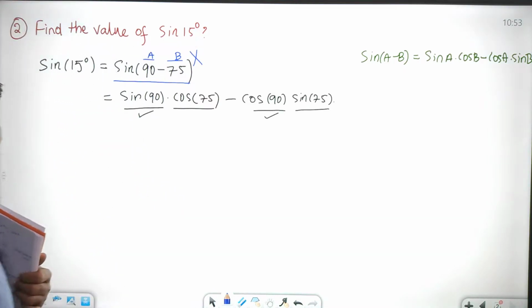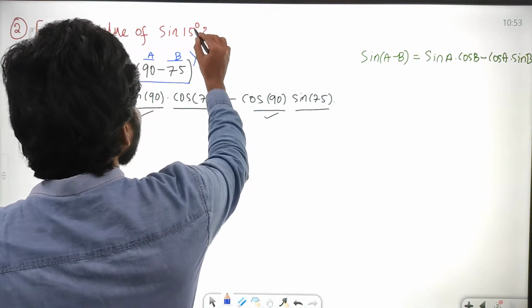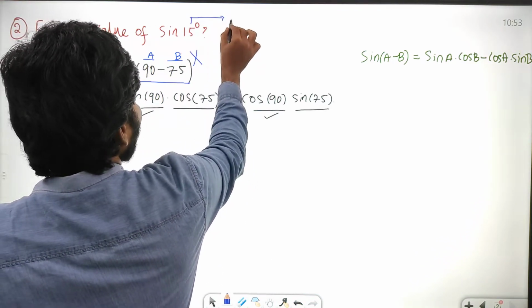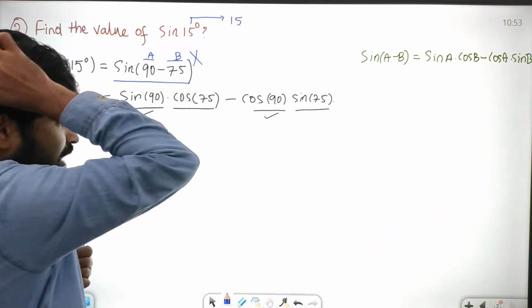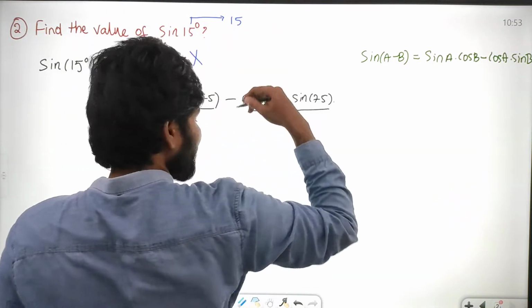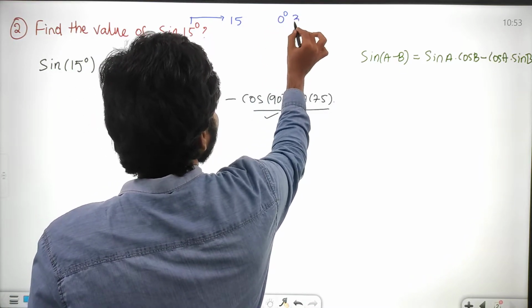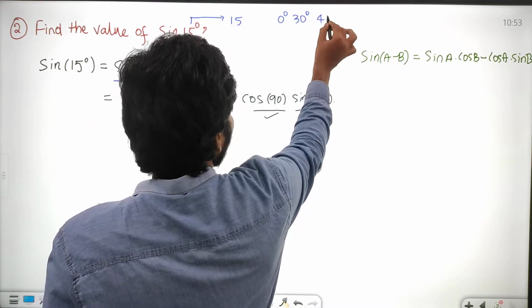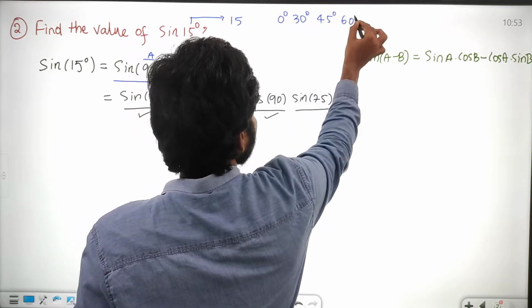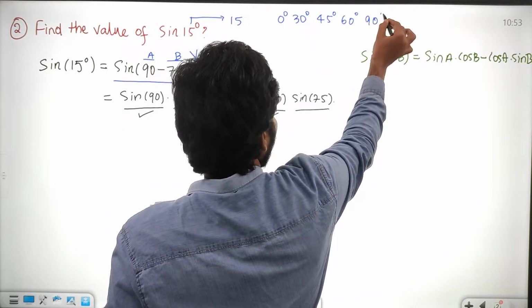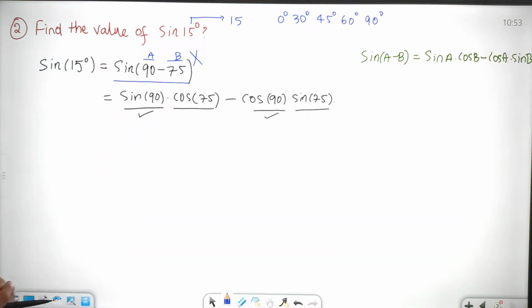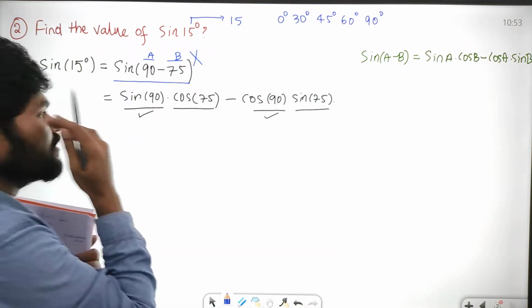So then how can I write sin 15? Think about how I can write 15. Our available values are 0, 30, 45, 60 and 90. Think about it.